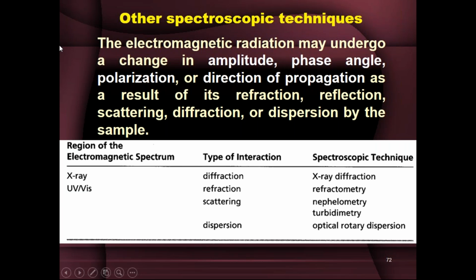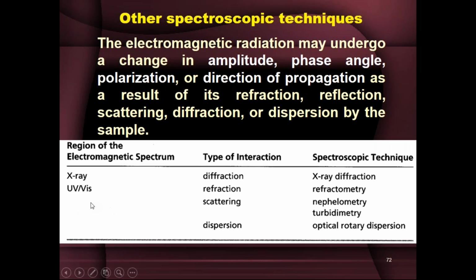Other spectroscopic techniques: the electromagnetic radiation may undergo a change in amplitude, phase angle, polarization, or direction of propagation as a result of its refraction, reflection, scattering, diffraction, or dispersion by the sample. So if you're dealing with X-rays, diffraction leads to X-ray diffraction. You have this in your syllabus.